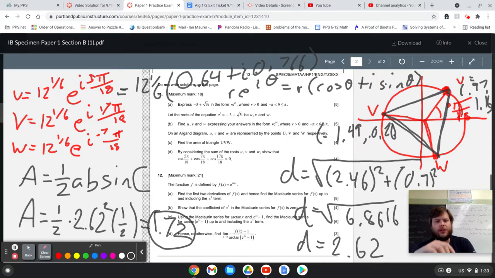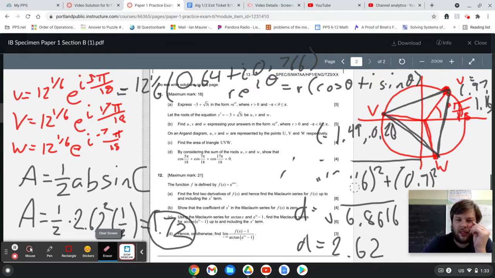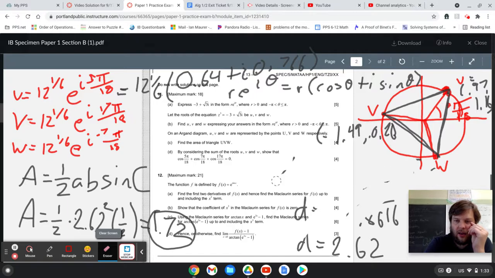Okay, so what I'm going to do for the last part is the sum of the roots. And so I'm going to keep up my Argand diagram, and I'm going to erase most of the other stuff. So just give me a second here. Because when you add your complex numbers, you can think about it visually.